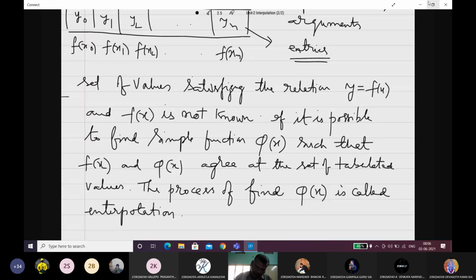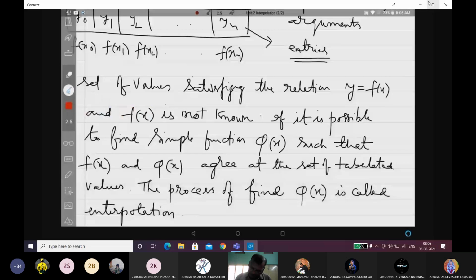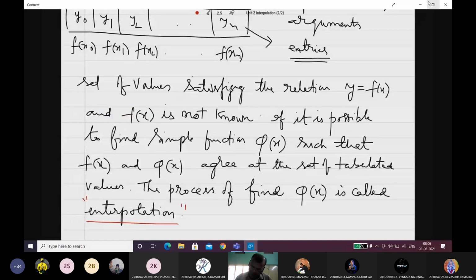That is the way that we are defining interpolation.